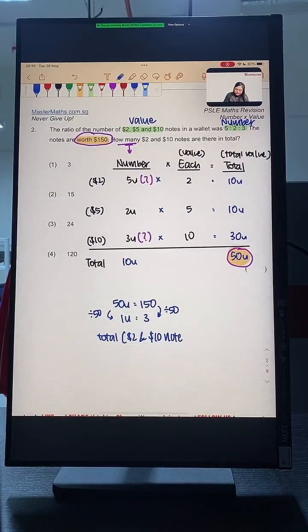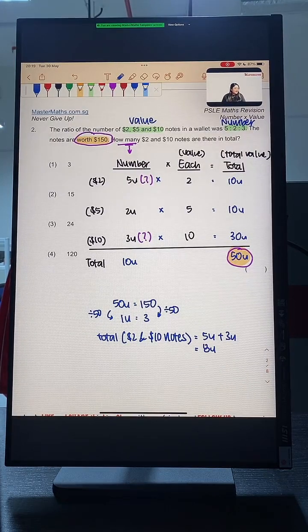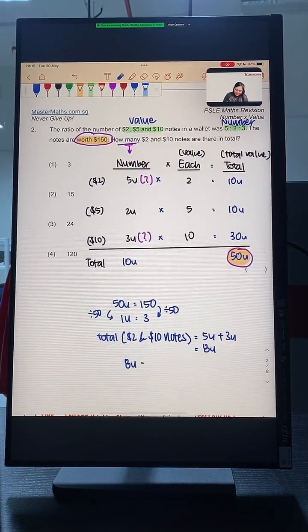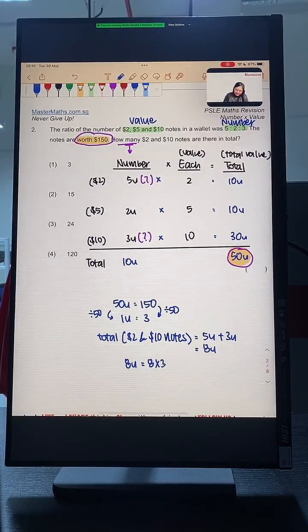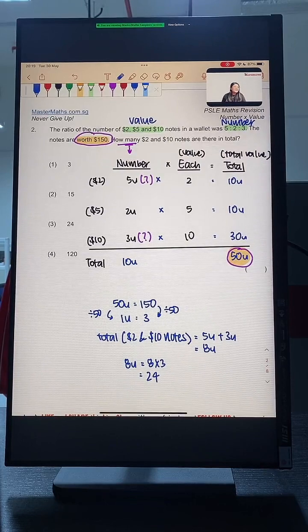The total of $2 and $10 notes would be 5 units plus 3 units to give us 8 units. 8 units will then be 8 times 3 to give us 24. So our final answer would be 24.